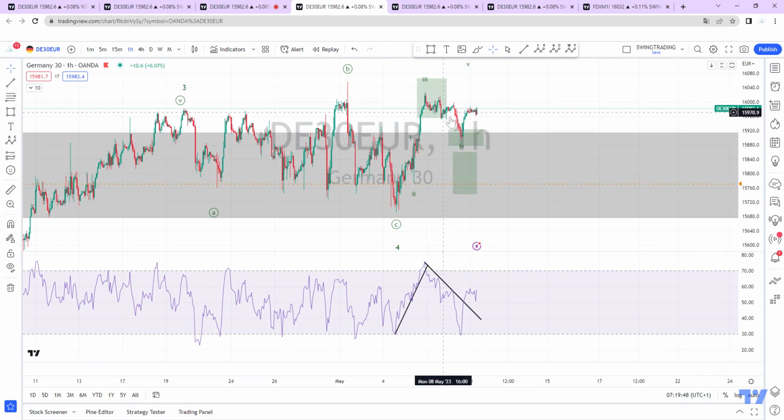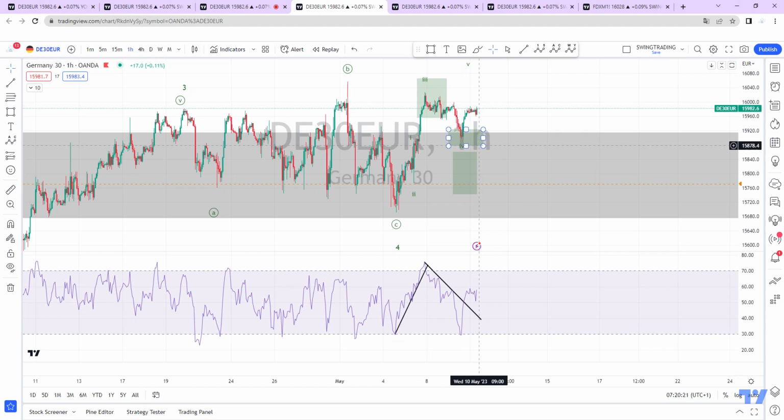A wave 4 could look like this actually: 1, 2, 3, 4, 5, 6, 7. One more time deeper. Ideally, in that case, you also have divergence on the RSI, and if this is the case, I think here is a good area to go long at the extremes of the equal leg area.